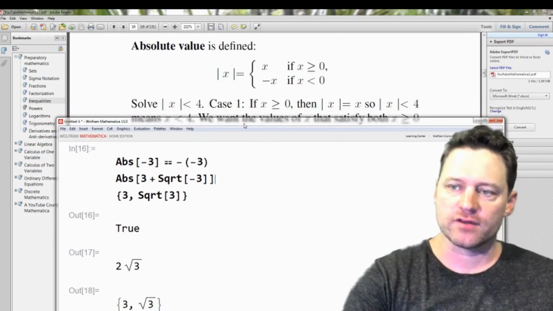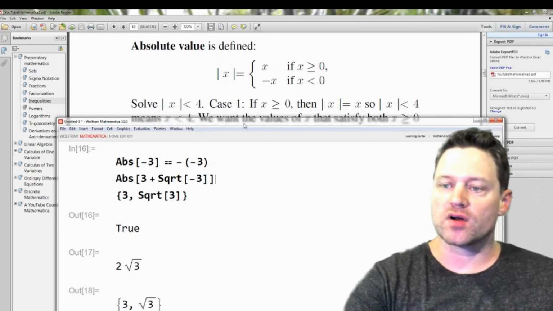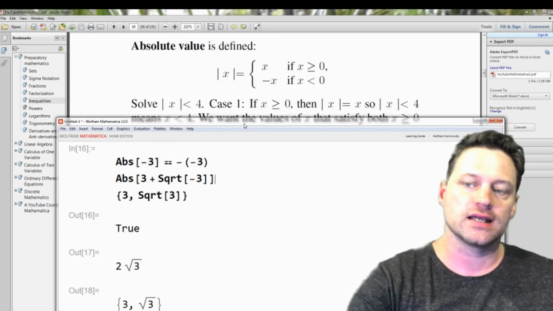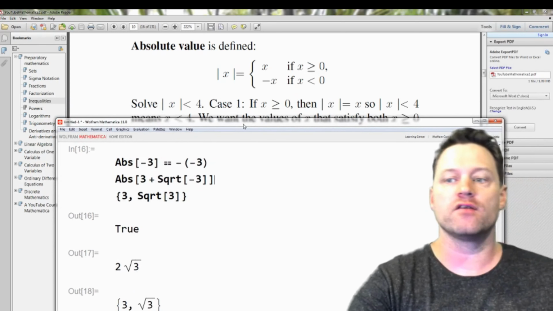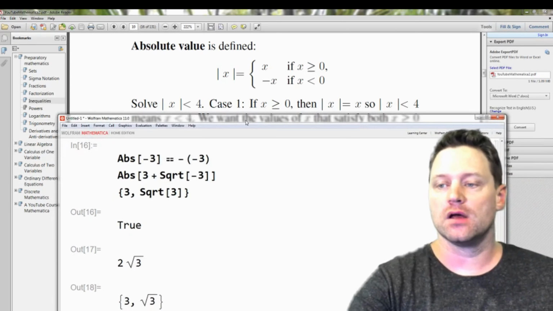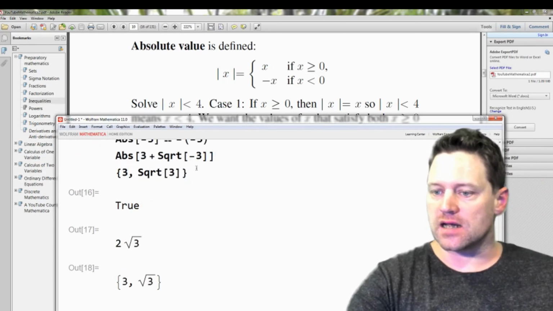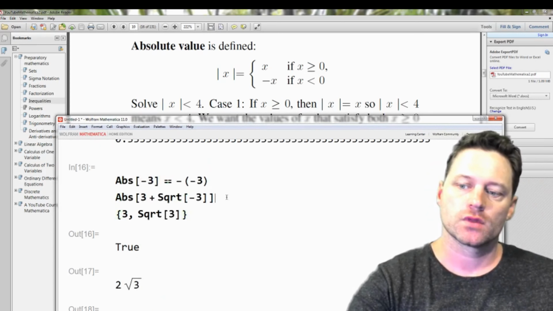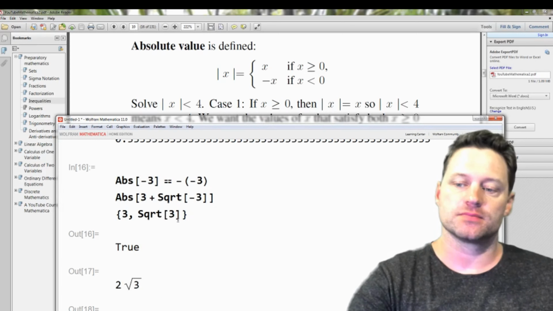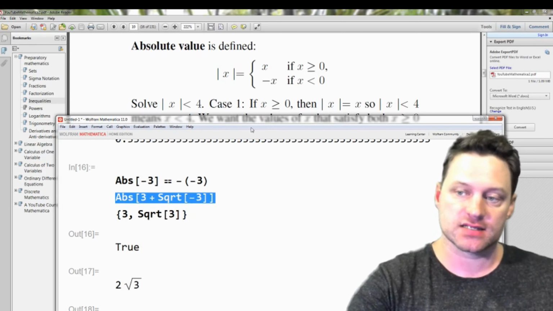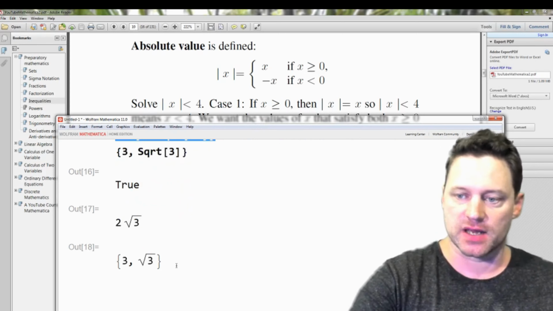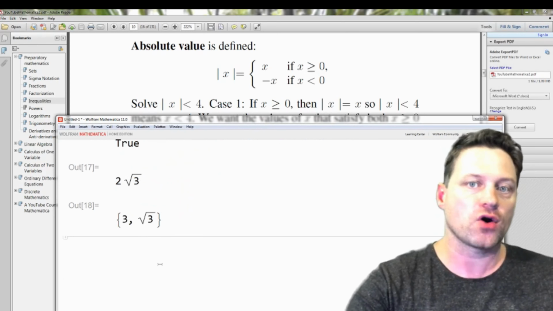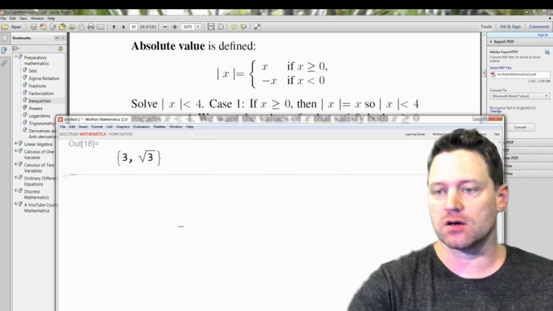Now let's have a look at an example where we are asked to solve the inequality, the absolute value of x is less than 4. As I recall, you can also do this with complex numbers, because of what I just said. But let's consider the cases. That's the most elementary way to think of it without going into too much detail about complex numbers.